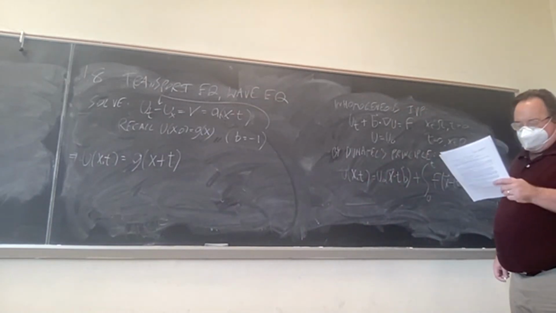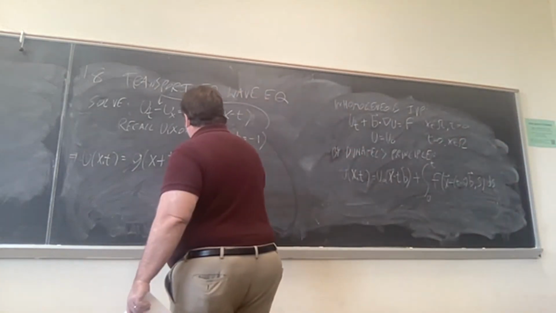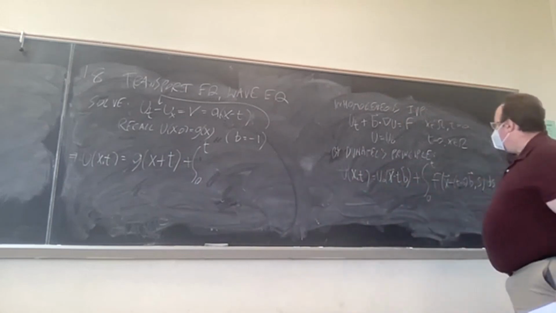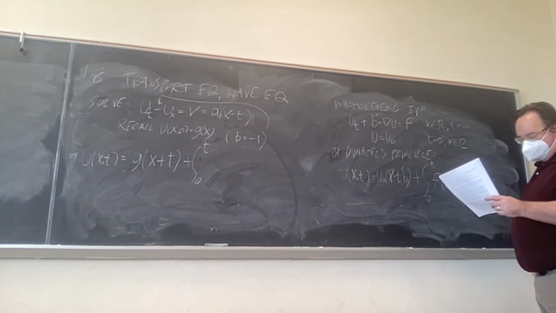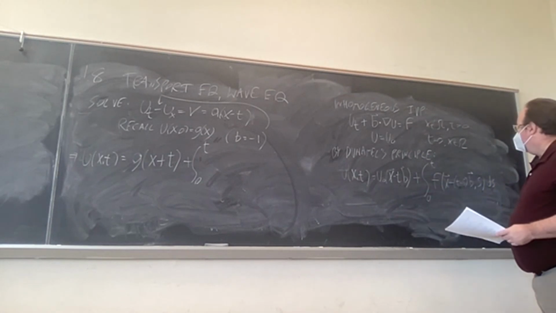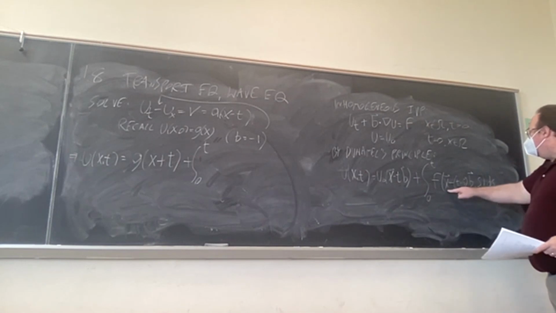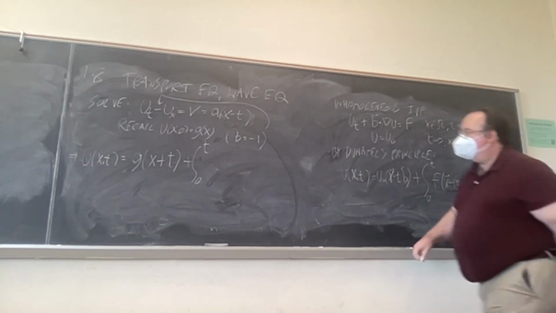Okay, plus, now we have the integral 0 to t. So my source term is what goes in here, but I have to be careful now. So first argument is going to be, this is what goes in place of x.